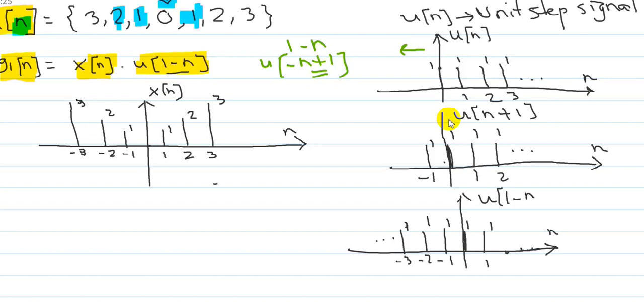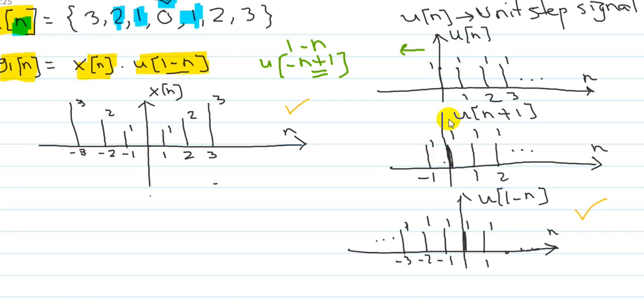1 minus n. Now we are basically interested in multiplying this signal with this one. So I'm going to plot the same signal here.